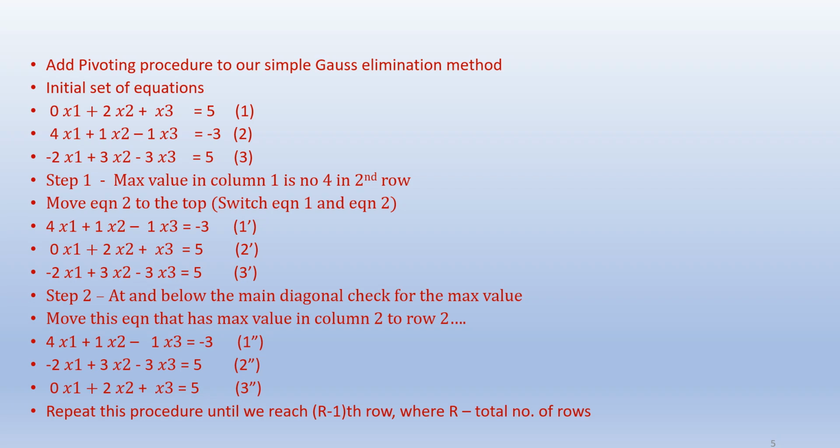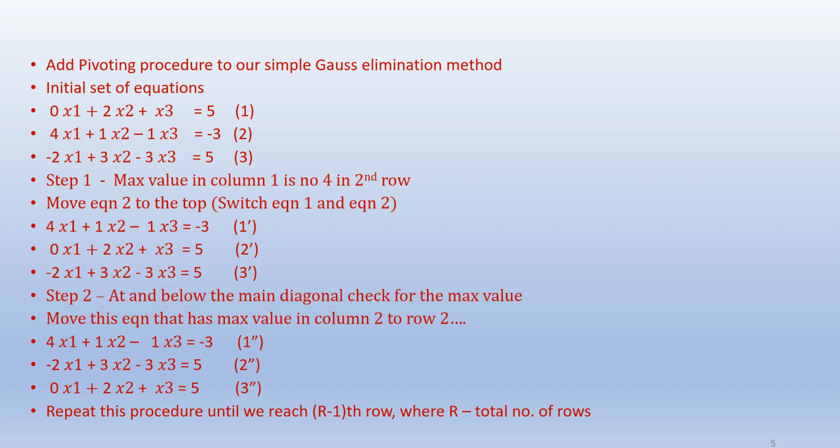So we continue the same procedure below the diagonal elements for the next step. So we have to compare the values below the element at 2, 2, that is the second row and the second column. Here we compare.